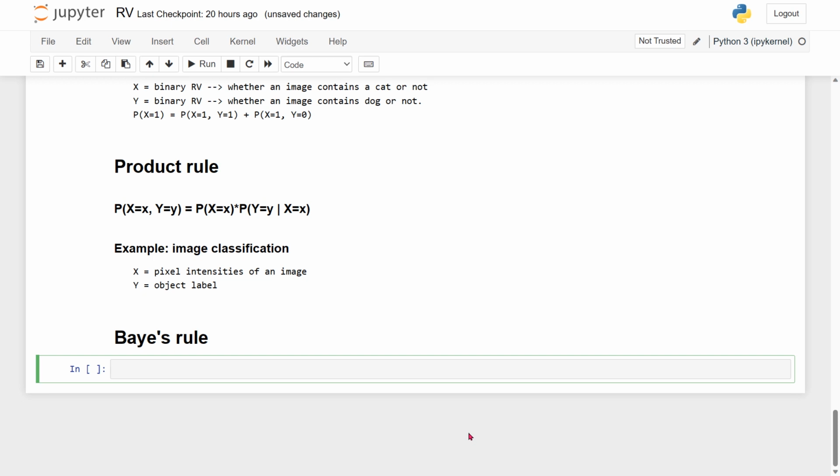So let's take an example in image recognition.